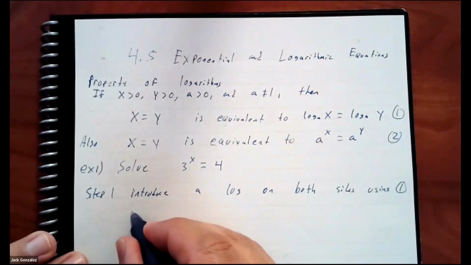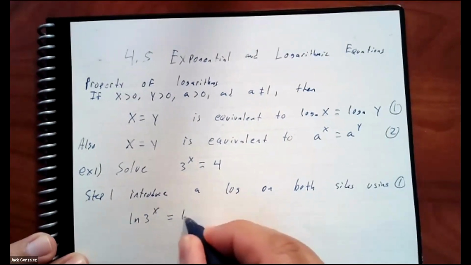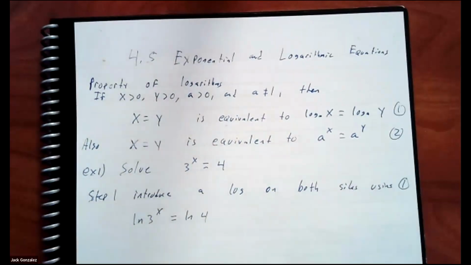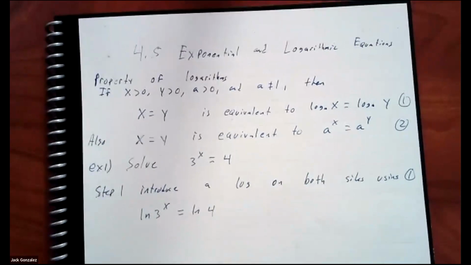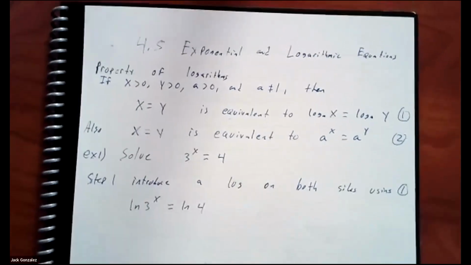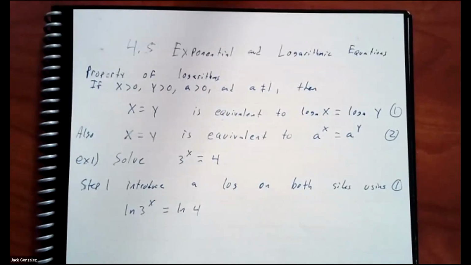And I'm choosing ln. So now use all the log properties I gave you last Tuesday. Remember how if you have a log and a power, you can bring it down. Right? Use the power rule.